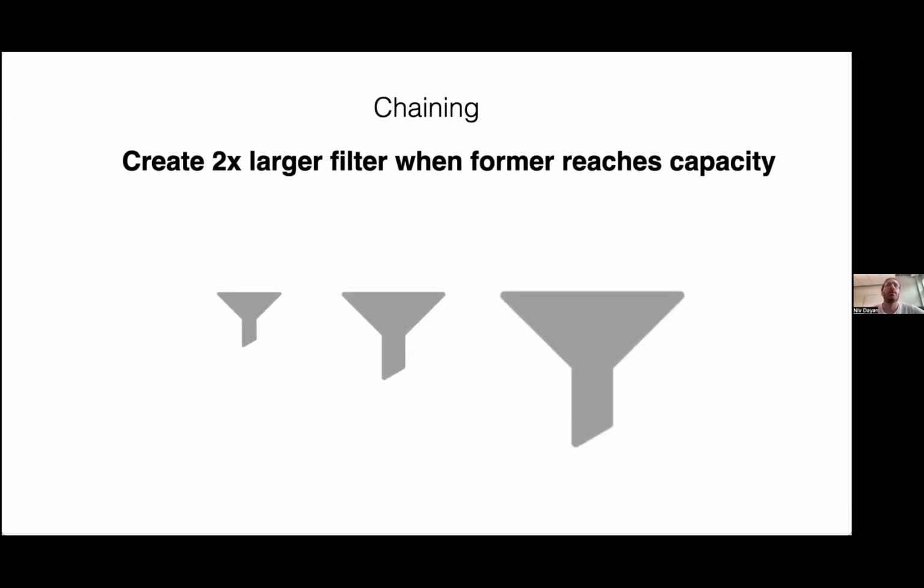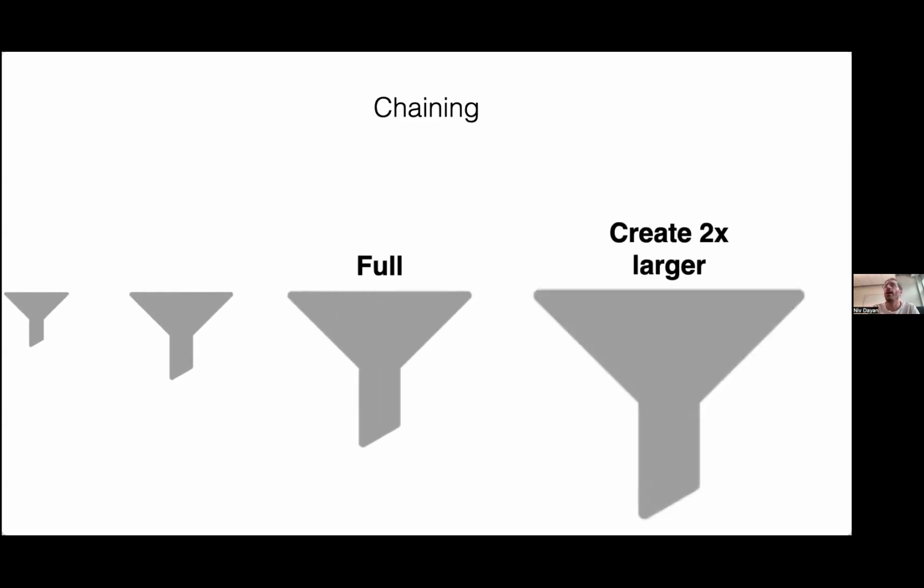Okay, so chaining. The idea with chaining is to say whenever the filter that we have runs out of capacity, let's just allocate a new filter that's 2 times as big while keeping all the other filters that we've created still intact and existing. So whenever we're out of capacity, we'll allocate the new empty filter, and good.